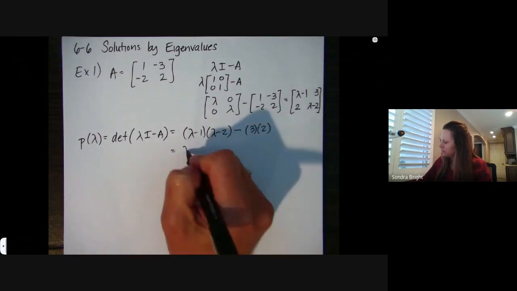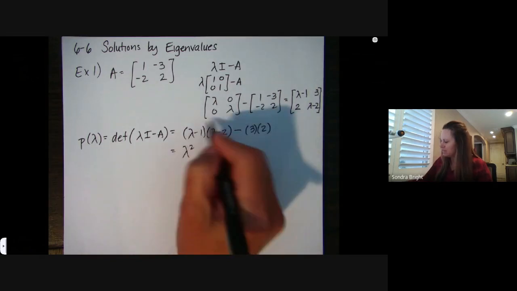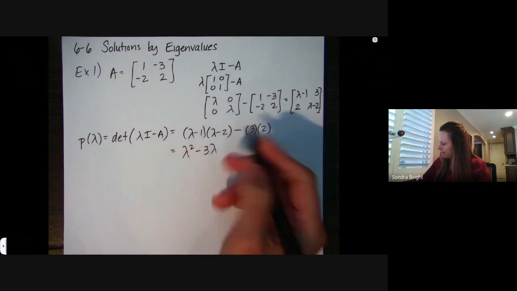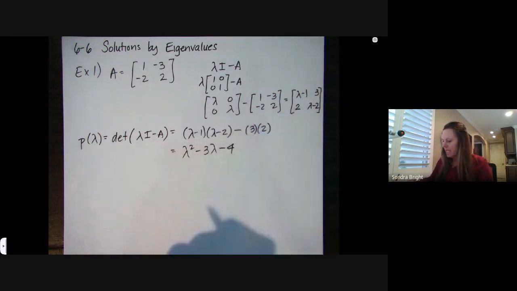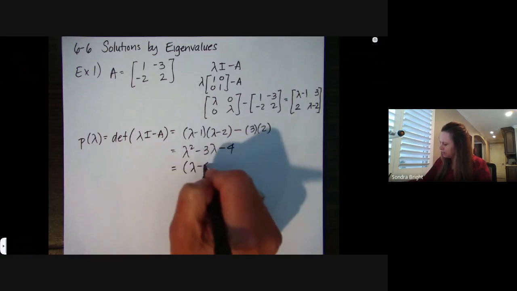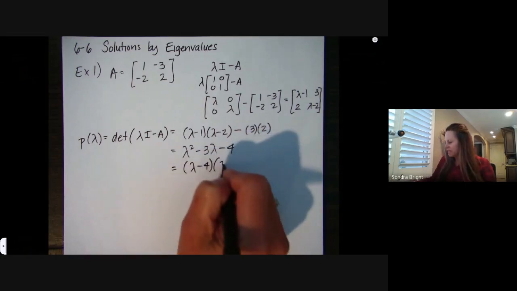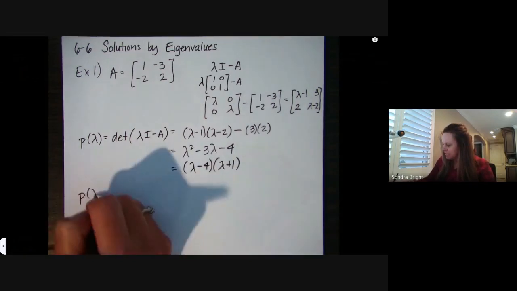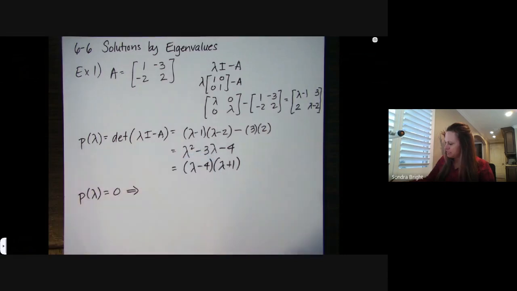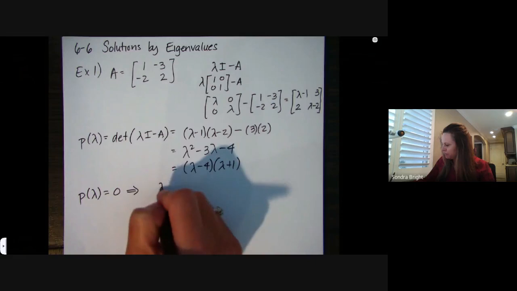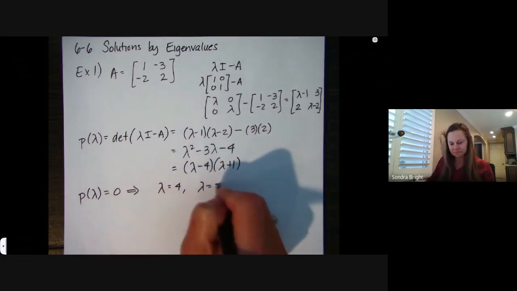Lambda squared, you FOIL it out, minus 2 lambda minus 1 lambda, so a minus 3 lambda, plus 2, but then minus 6 leaves a minus 4. This factors as lambda minus 4 and lambda plus 1. Setting it equal to 0 and solving for the lambdas gives eigenvalues of 4 and -1.